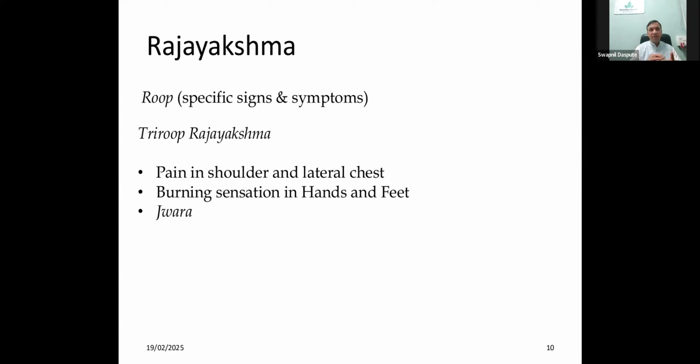See, I have said this in the past also. Acharya Charak says labeling of the disease is not important.